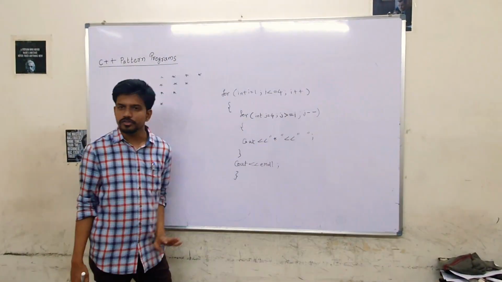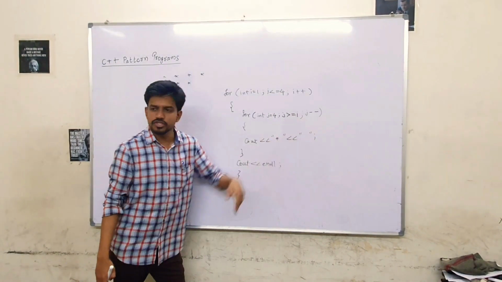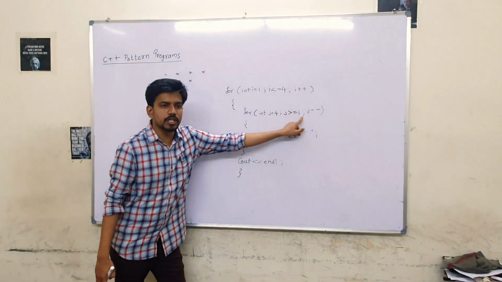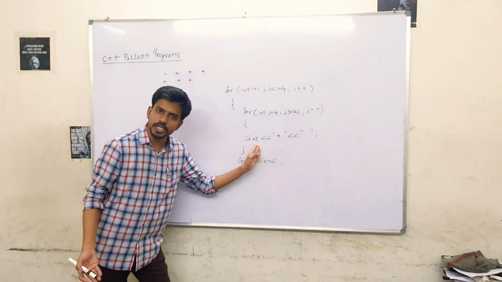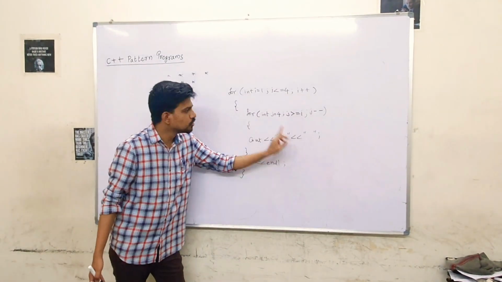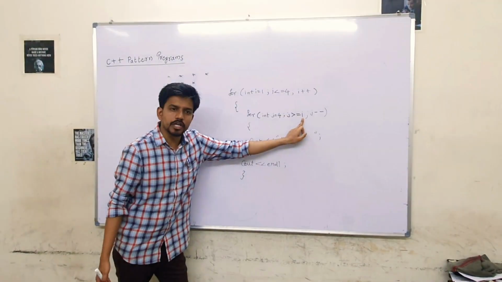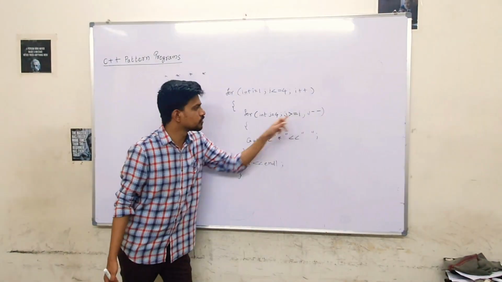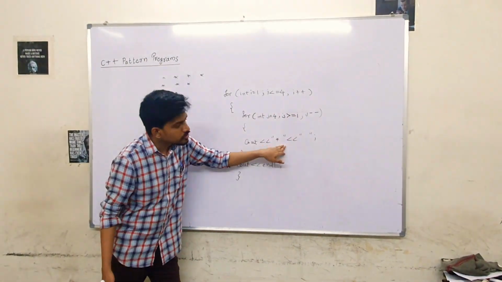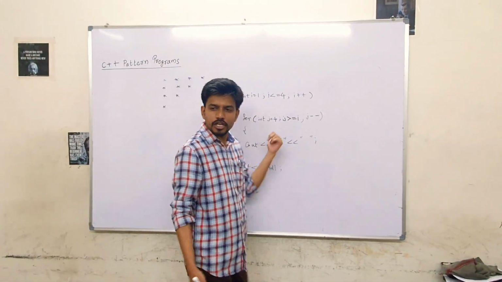So cout asterisk. Then j minus minus, j will go to 3. 3 is greater than or equal to 1, so again the loop will run. Cout asterisk, j becomes 2. 2 is greater than or equal to 1. Again j becomes 1. 1 is greater than or equal to 1. Yes. Cout asterisk. So 4 times this inner loop got generated.